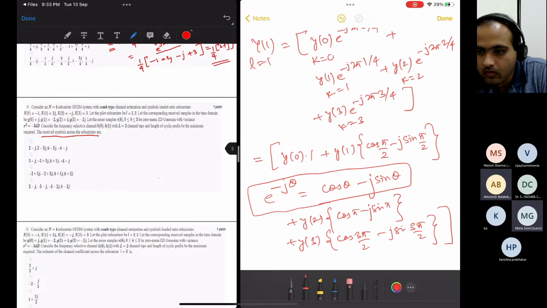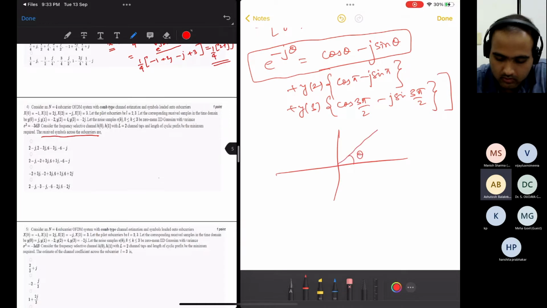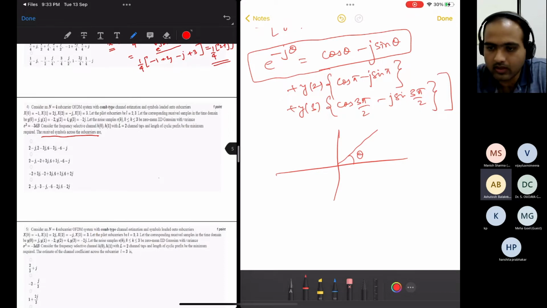It is never negative, theta. No, theta can be negative, right? So if you remember this, here theta is positive in the first quadrant. I mean, yeah, theta is always positive. You can say that.